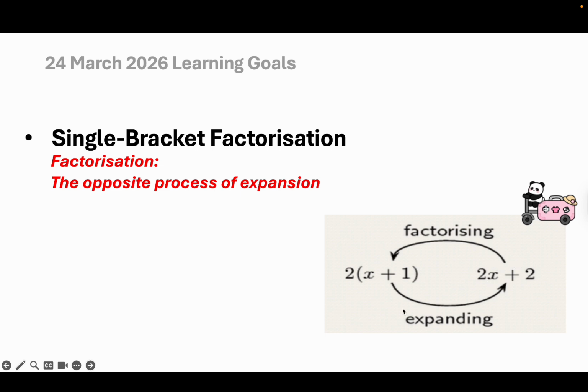This is what we call expanding or expansion. Going backwards, if we want to give the brackets back, we do a process that we call factorization. So today we are going to learn how we can give these brackets back by doing factorization.